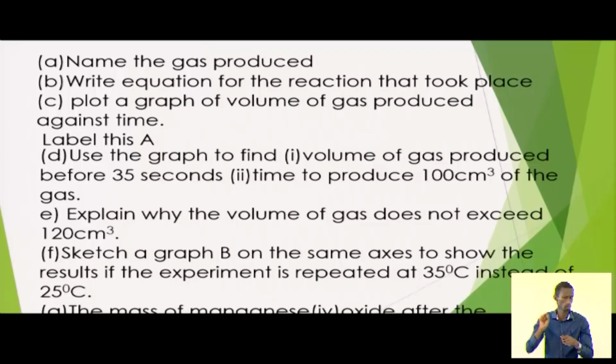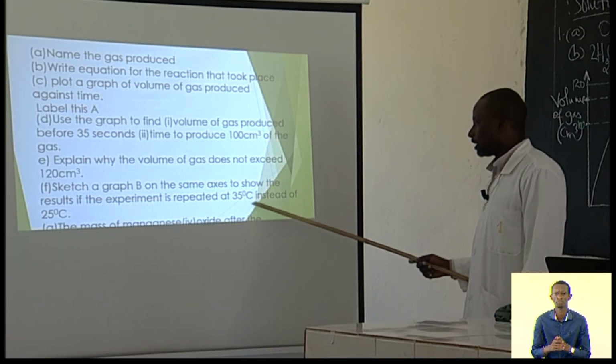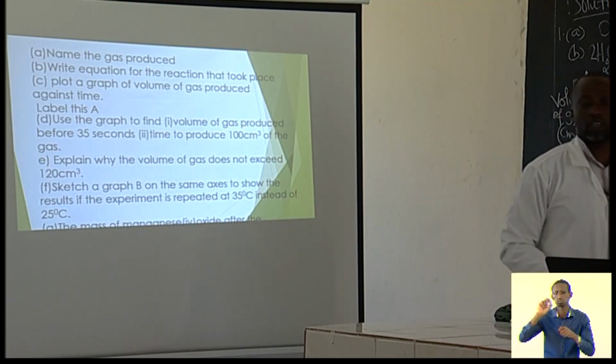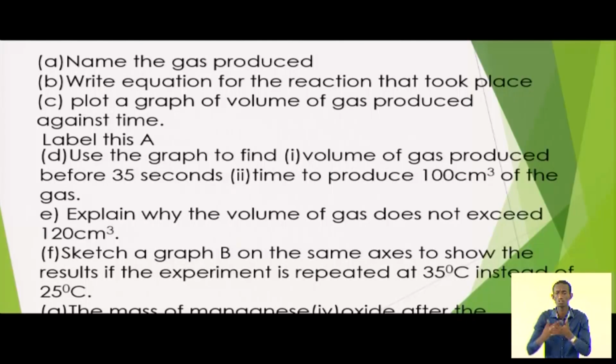Sketch a graph of B on the same axis to show the results if the experiment is repeated at 35 degrees Celsius instead of 25 degrees Celsius. So we're assuming this was 25 degrees Celsius.